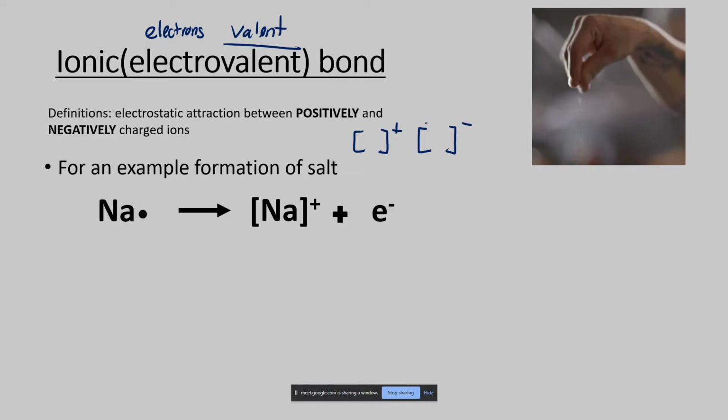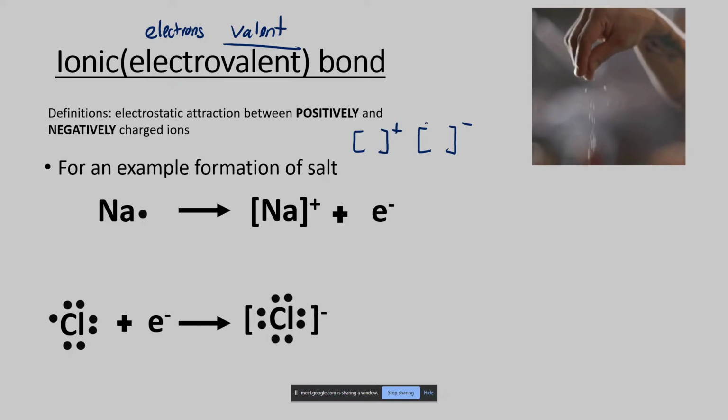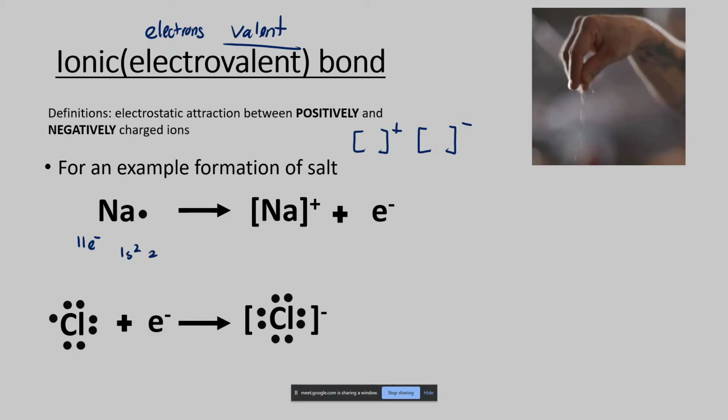So one example is the formation of your salt, okay, garam yang you guys guna untuk makan. Okay, so formation of salt, sodium. Okay, sodium kalau you guys tengok, it is group 1 and it is at period 3. So it has 11 electrons. Okay, kalau kita susun 1s2, 2s2, 2p6, 3s1.